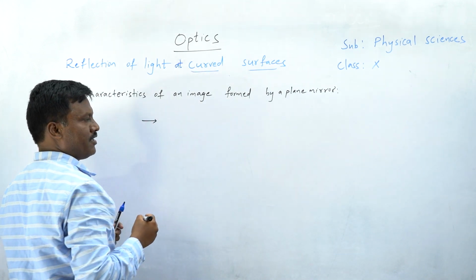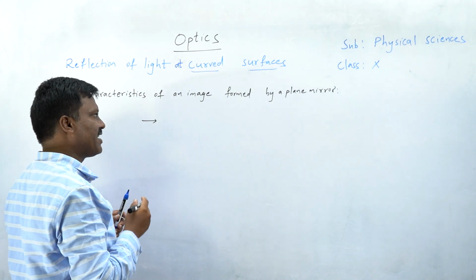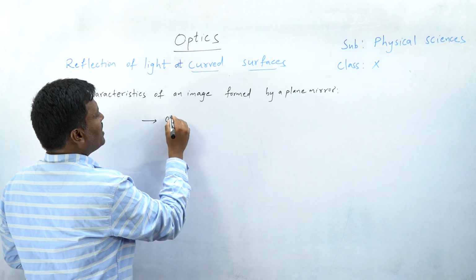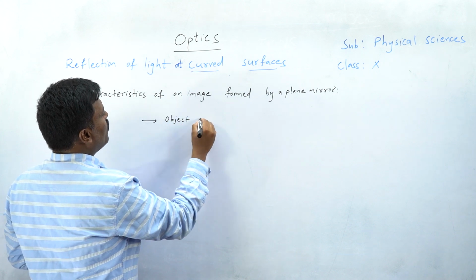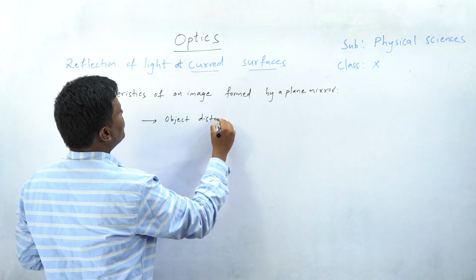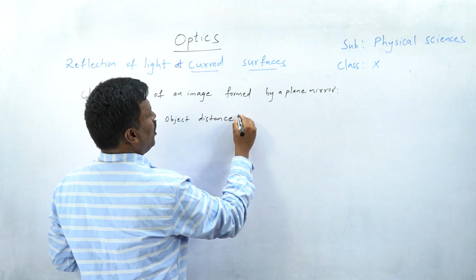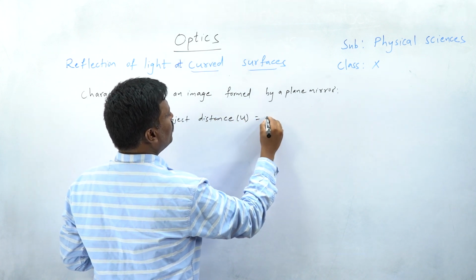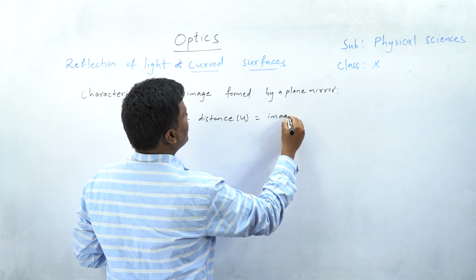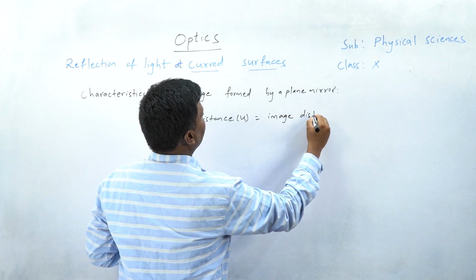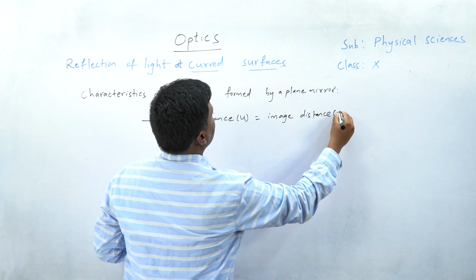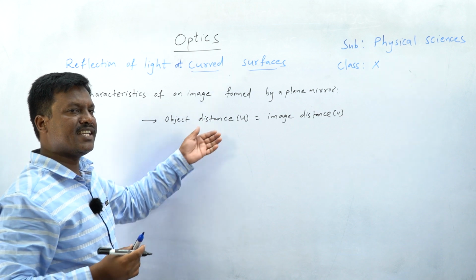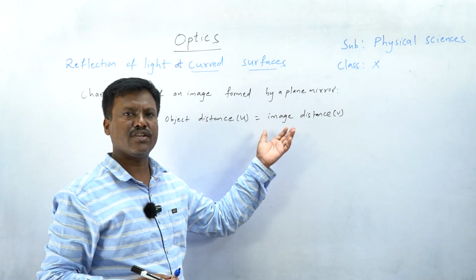We have discussed in previous class. Object distance is equal to image distance. Object distance is denoted by U. Image distance is denoted by V. Object distance is equal to image distance, or distance of object is equal to distance of image.